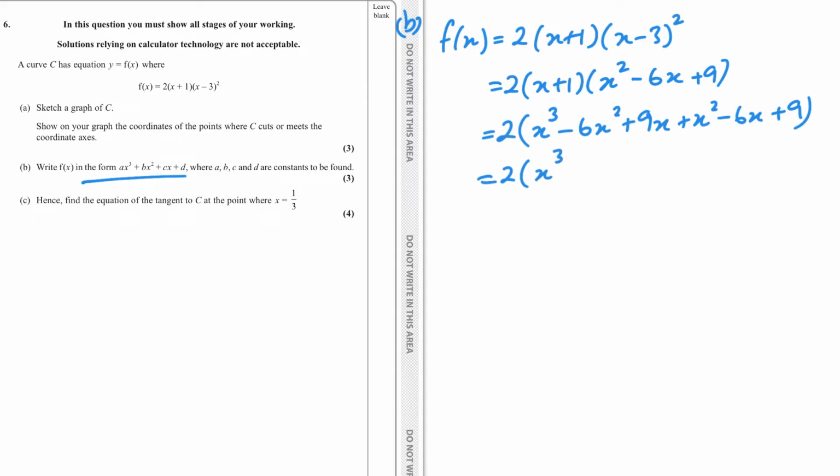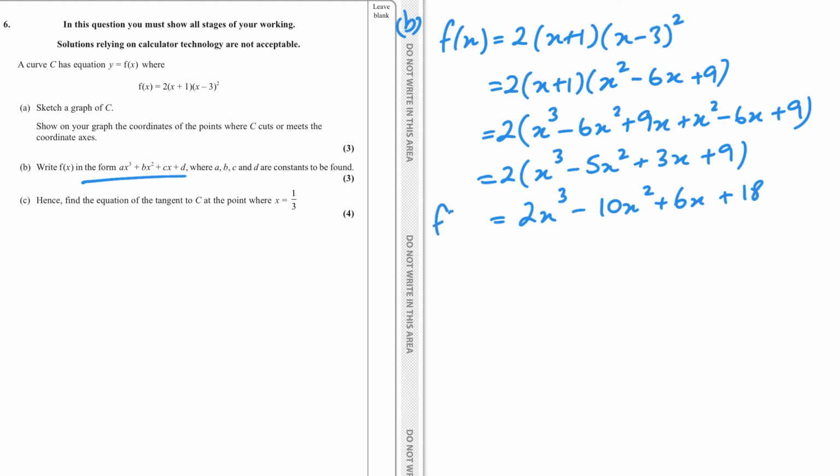So we got a negative 6x squared plus x squared, so it's going to be negative 5x squared. We've got 9x, take away 6x, so it's going to be positive 3x, and then we've just got the plus 9 at the end. So this then leaves me 2x cubed minus 10x squared plus 6x plus 18.